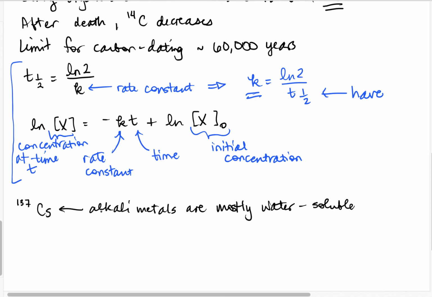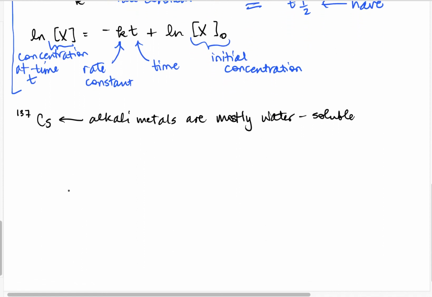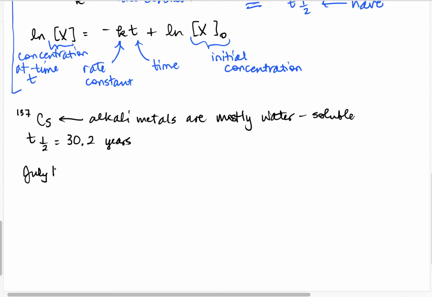So let's take a look at what its details are. It has a half-life of a little over 30 years, 30.2 years. So let's think about some numbers. If we go back to the first nuclear bomb, which was detonated in New Mexico at the Trinity site on July 16th of 1945, that's a little over 75 years ago.